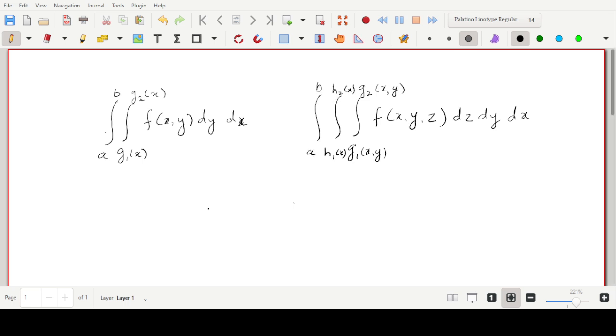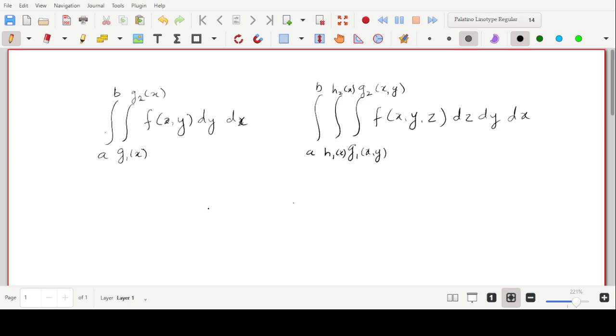After we integrate f with respect to z and substitute the function values g1 and g2, we get a function in x and y.